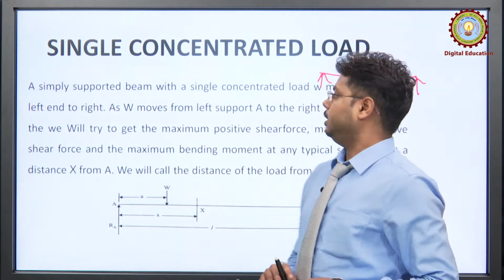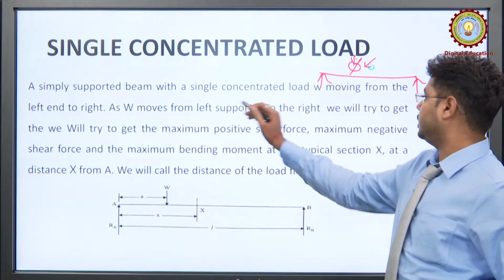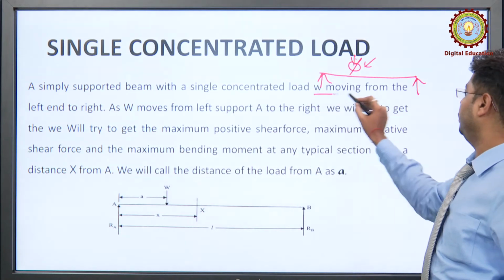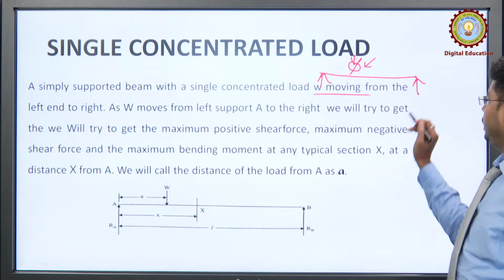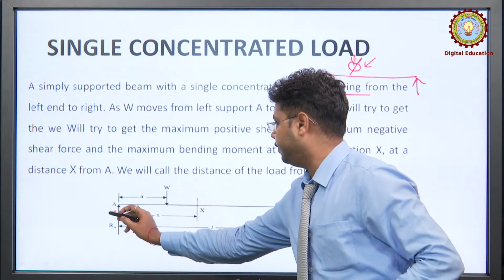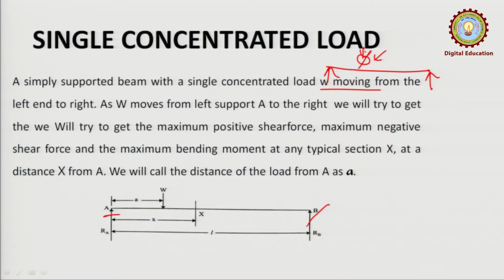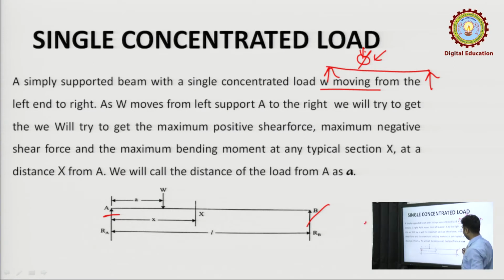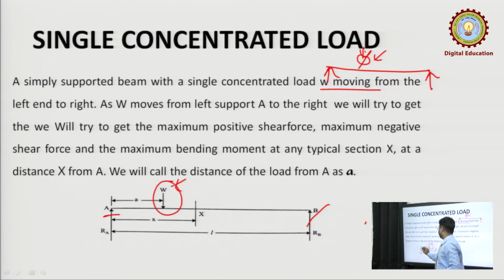Here we have a simply supported beam with a concentrated moving load W from the left side. The beam has supports A and B, which is a determinate beam, and the rolling load is working at a distance a from point A.